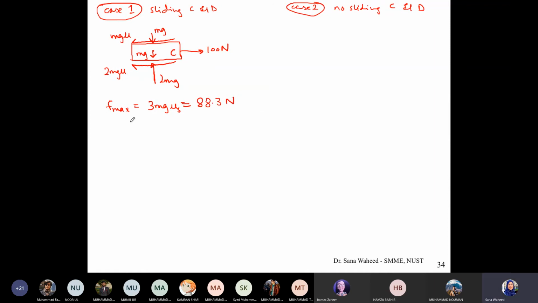Now this F max, when I'm assuming that all of the friction is at its maximum value, even while sliding between C and D, is less than the applied force FC, right?